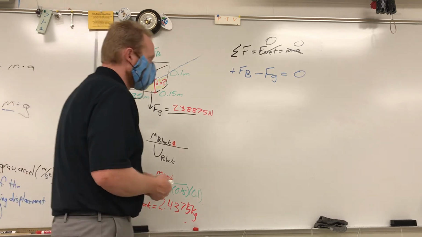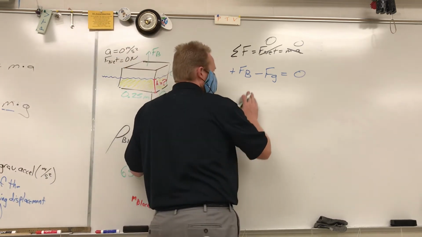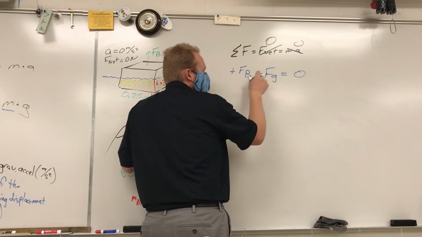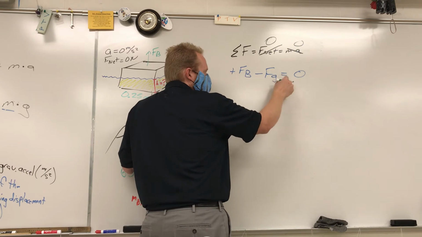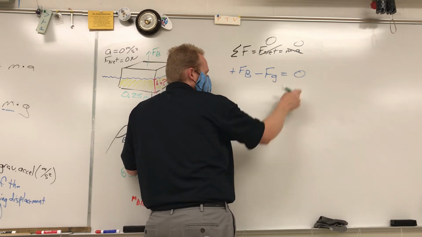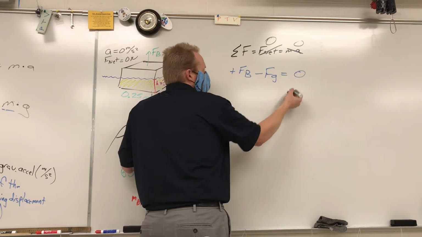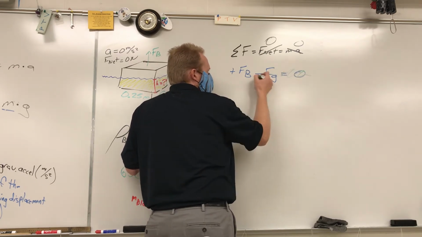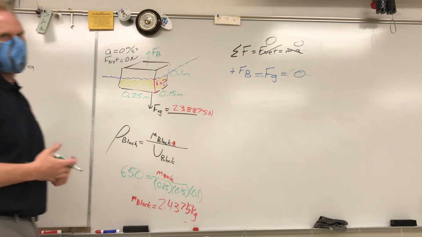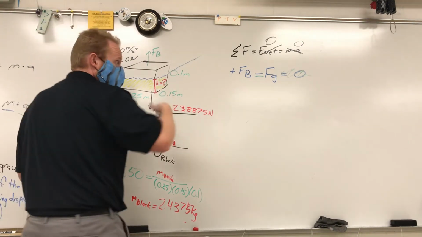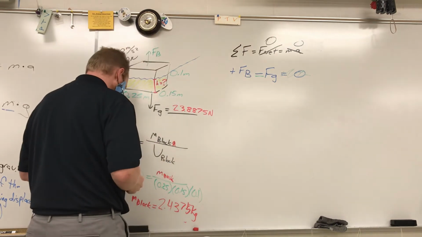I get a little lazy sometimes, and your math teacher probably would not approve if you're supposed to be showing your work. But since this is F of B minus FG equals 0, to move FG to the other side, I add it. I added FG to the other side. I just saved myself a line.